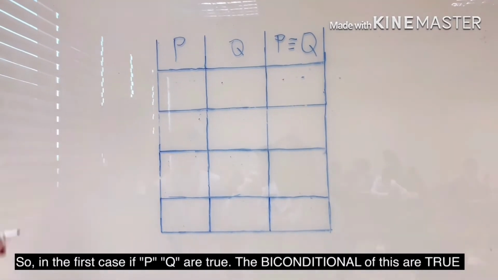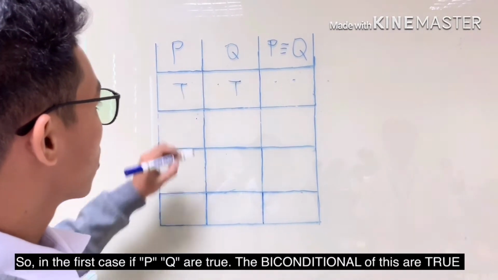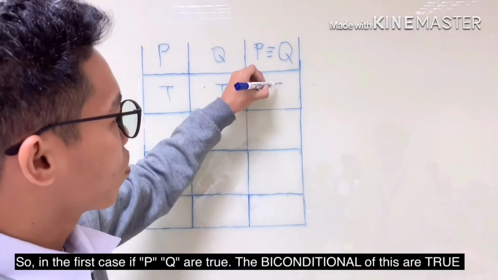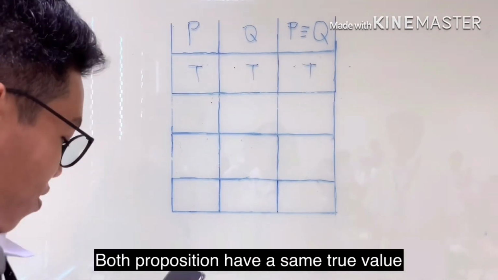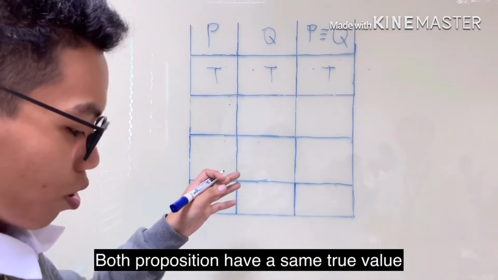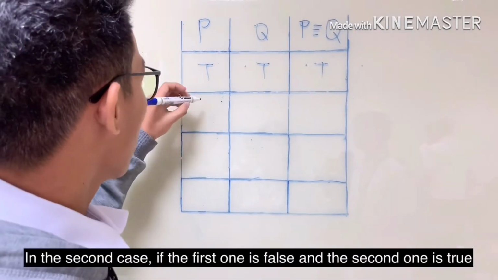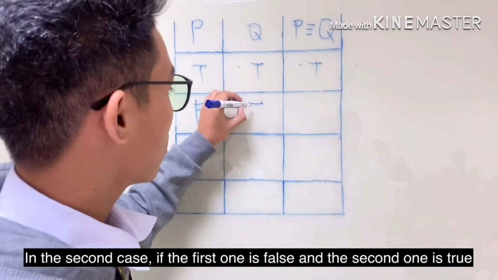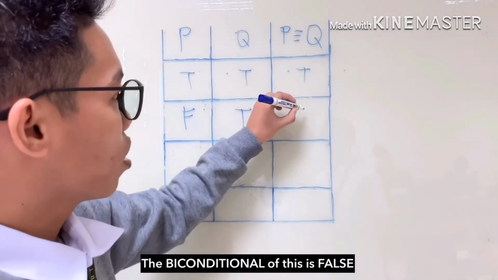So in this first case, if P, Q are true, the biconditional of this is true, since both propositions have the same truth value, so the statement is true. In the second case, if the first one is false and this is true, the biconditional of this is false.